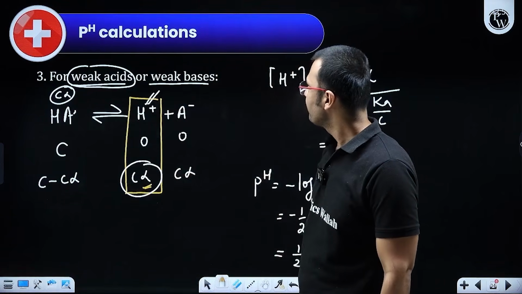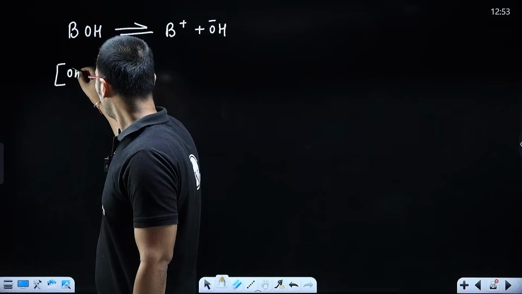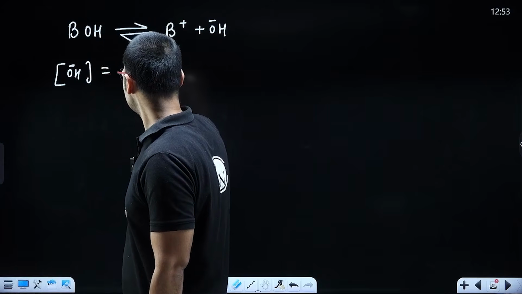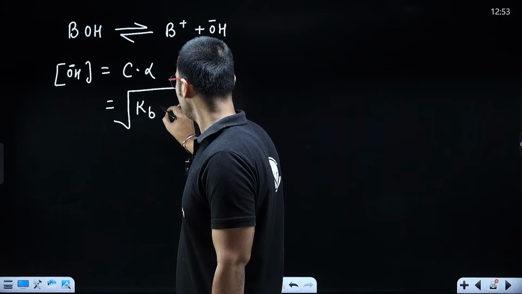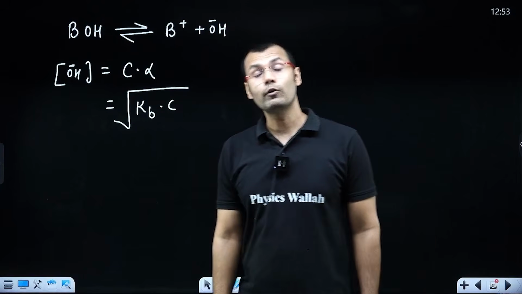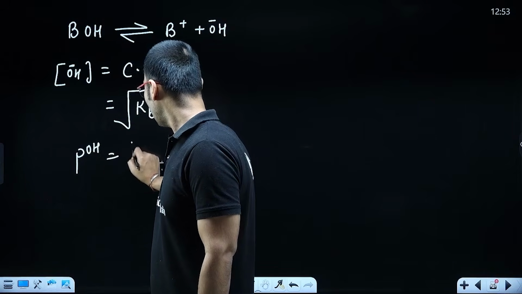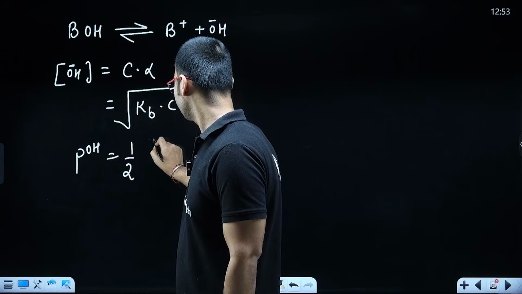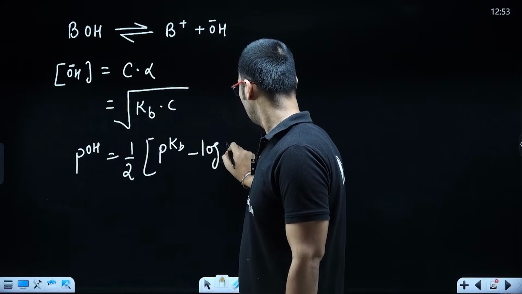So in the same way, in case of a weak base, you get the concentration of OH minus as C alpha. This can also be written as under root of Kb into C. And finally, in this case, you won't directly get pH. You will be getting what? pOH. And the formula of pOH here will be half pKb minus log C.